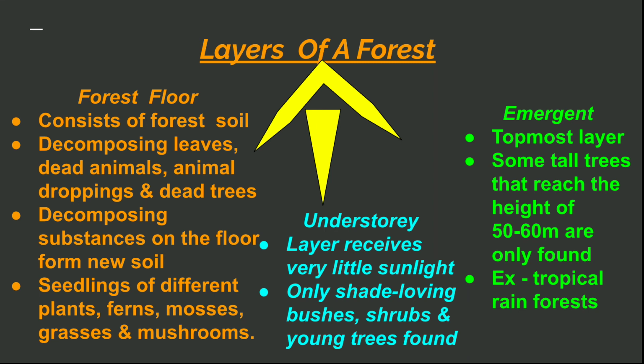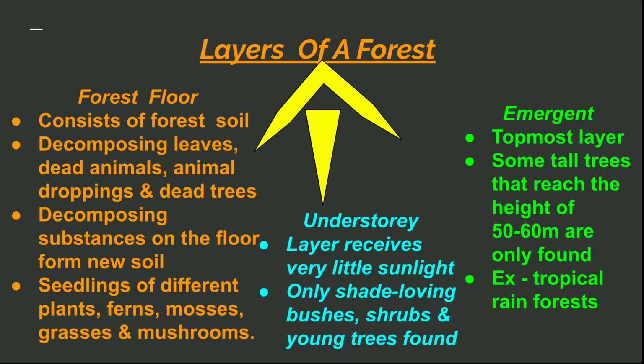The decomposing substances from animals and plants that die fall on the floor of the forest and form new soil. Seedlings of different plants, ferns, mosses, grasses and mushrooms are also present on the forest floor.